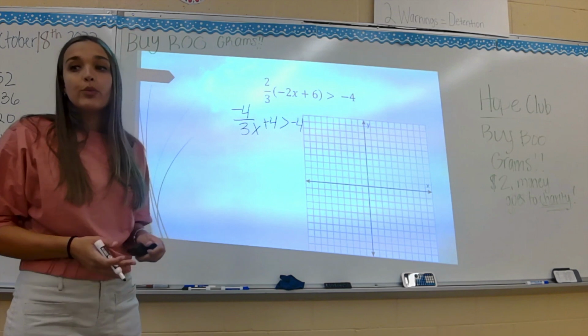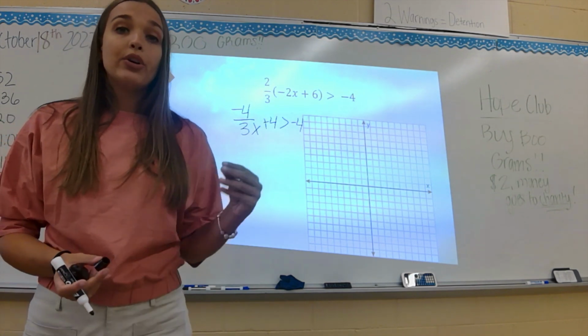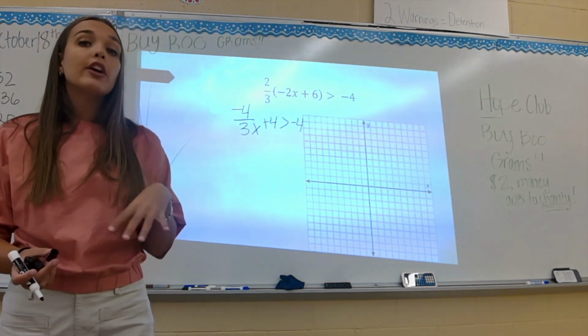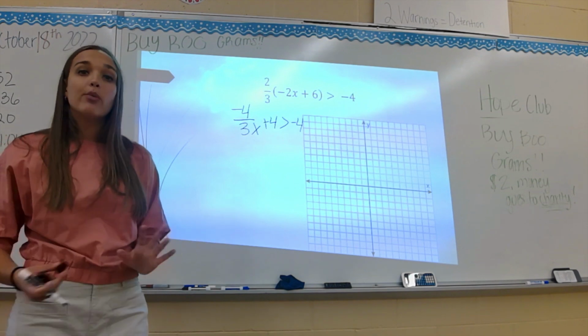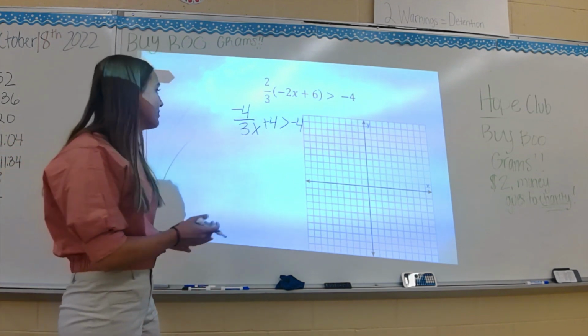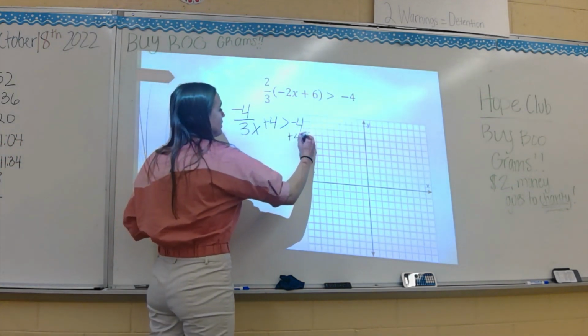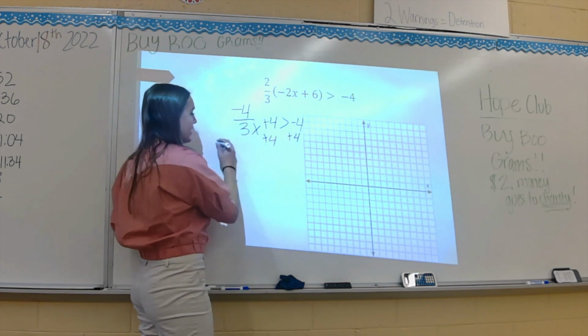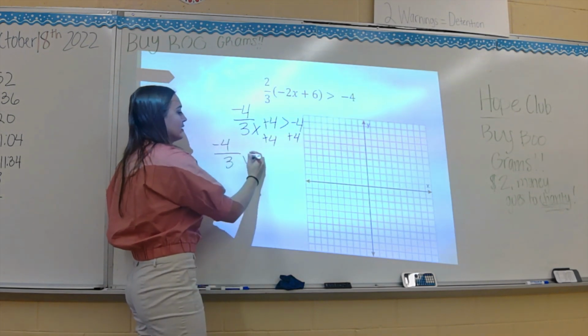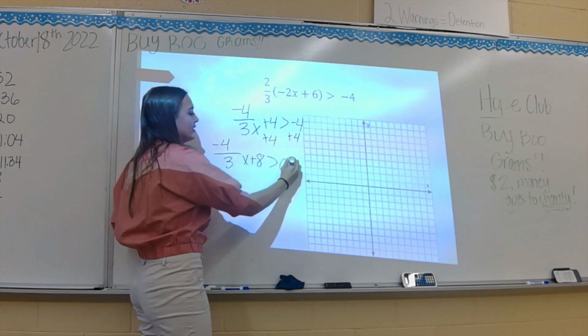As you saw prior, we want to get our constants and our variables all on the left side and have our 0 on the right. So I'm going to add 4 to both sides, and I get negative 4/3 x plus 8 is greater than 0.